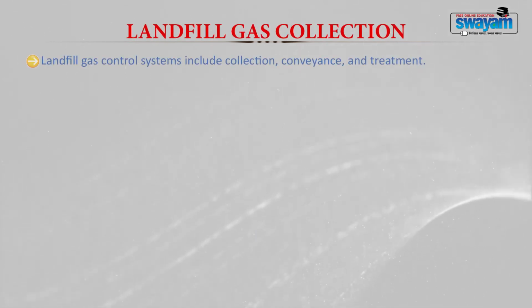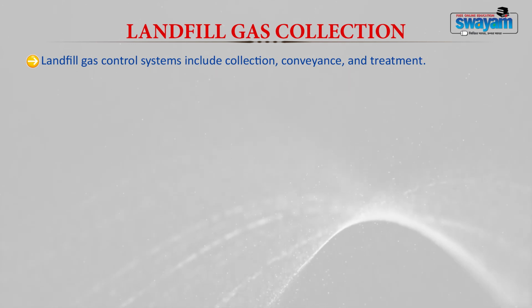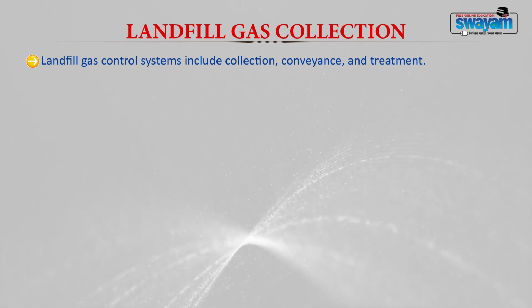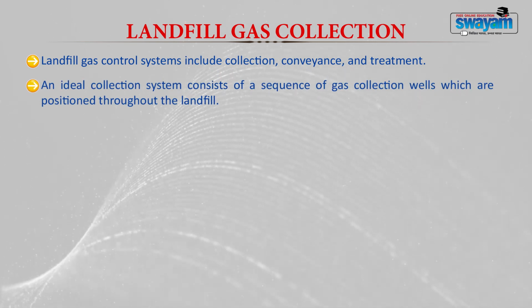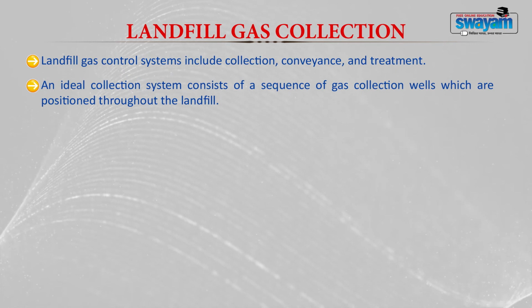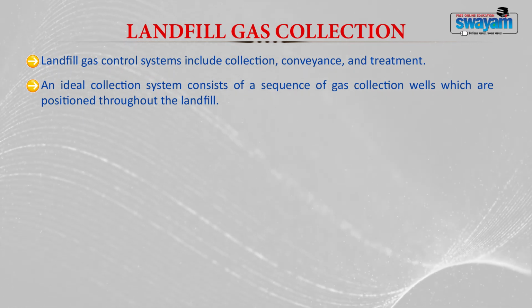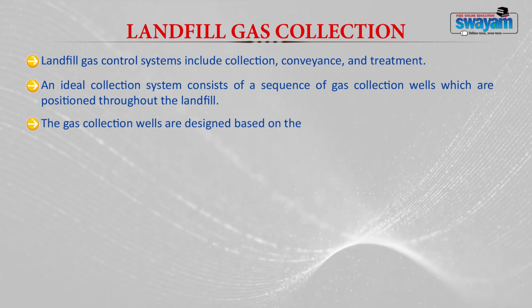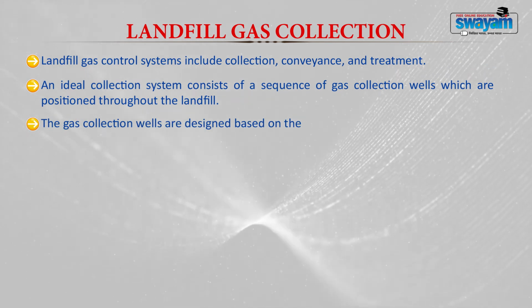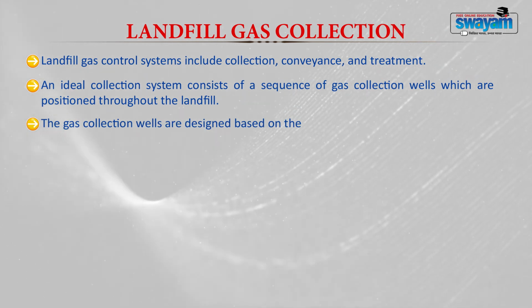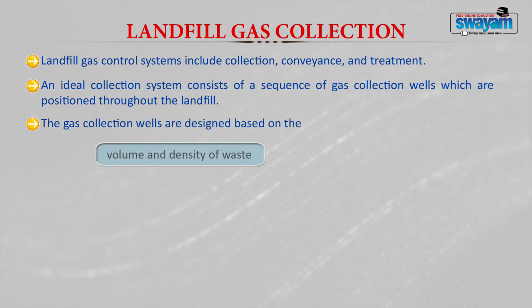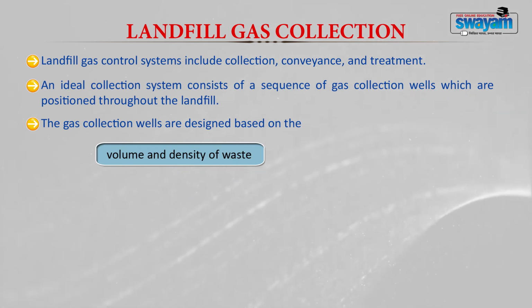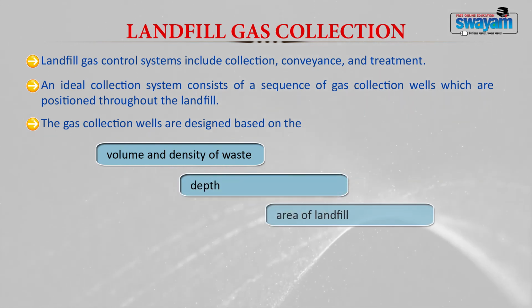Now, let us discuss the landfill gas collection. Landfill gas control systems generally include collection, conveyance and treatment. An ideal system will generally consist of a sequence of gas collection wells which will be positioned throughout the landfill area. The gas collection wells will be designed based on the volume and density of waste, depth and the area of landfill.